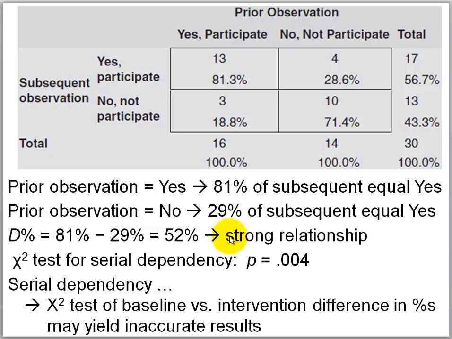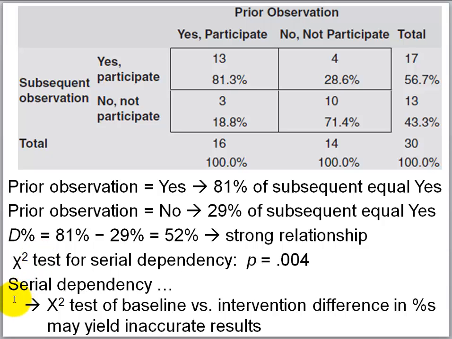That's a strong relationship, and indeed I carried out a chi-square test for the data in this table, and the chi-square test p-value was 0.004. So this is telling us that there is a statistically significant association between prior observation and subsequent observation. It's in essence telling us that there is indeed serial dependency.